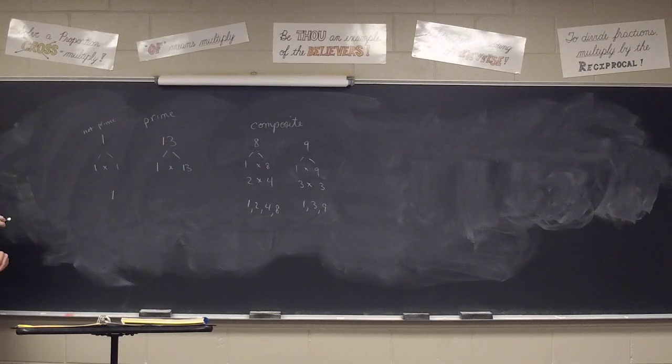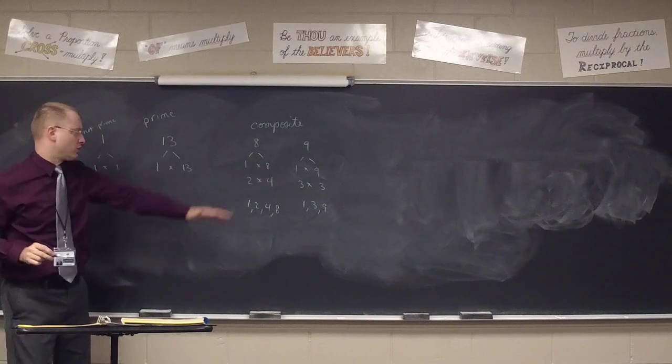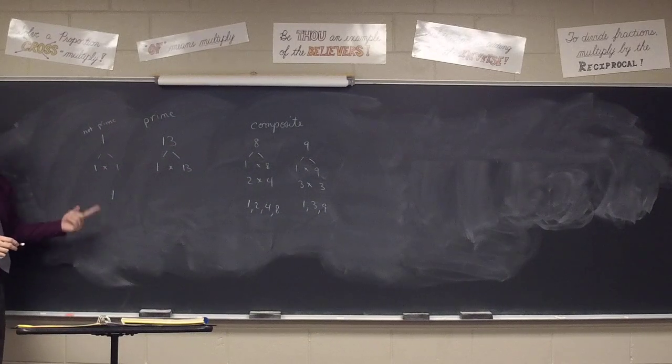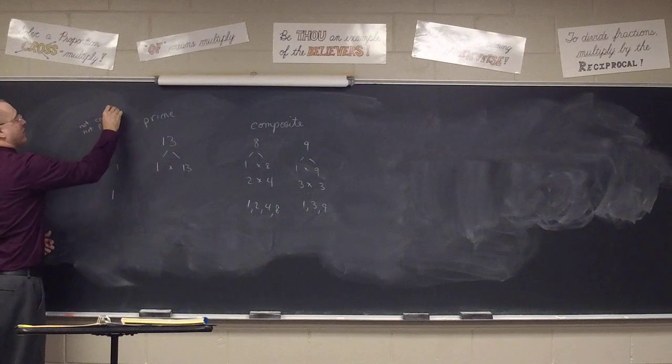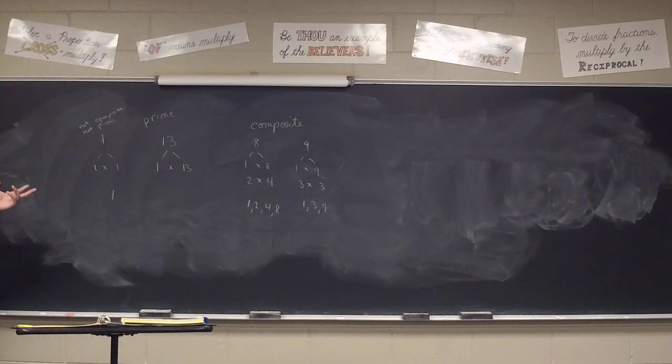No. Composite numbers have more than 2 factors. 1 doesn't have 2 factors, and it doesn't have more than 2. It's also not composite. 1 is just sort of that identity number. It's got no real fit. It's not prime, it's not composite. Think about 0. How do we factor a 0, class? We have 0 times anything, right? Now, does it have only 2 factors? No.